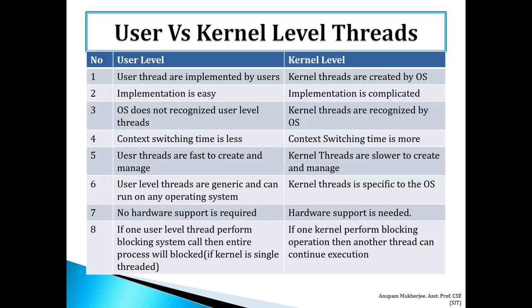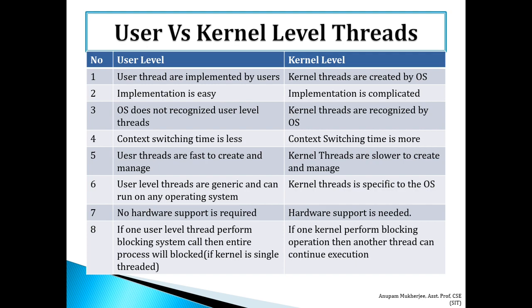Now what are the basic differences between user level thread and kernel level thread? The first point: user threads are implemented by the user, and kernel level threads are created by the operating system.